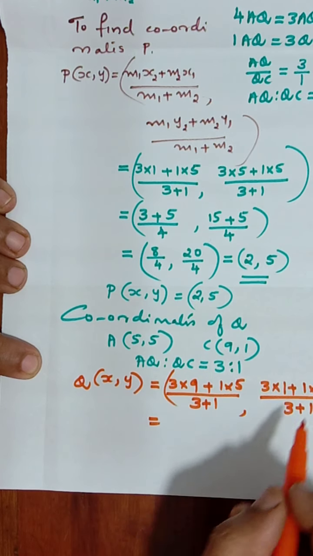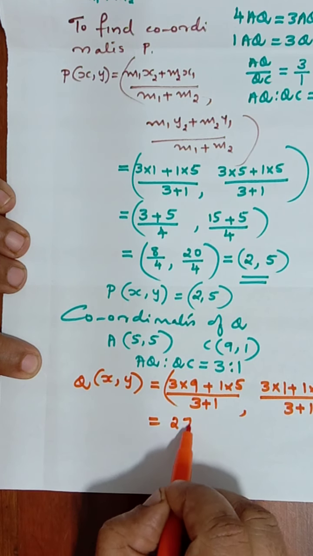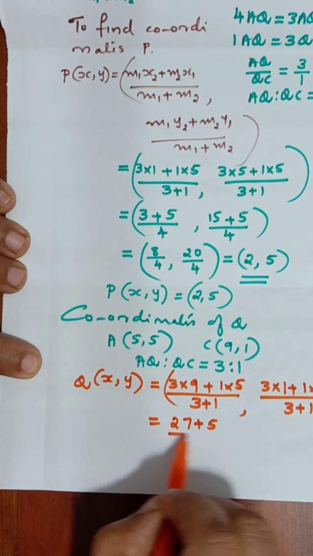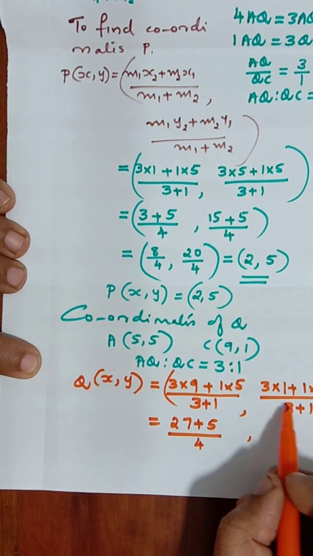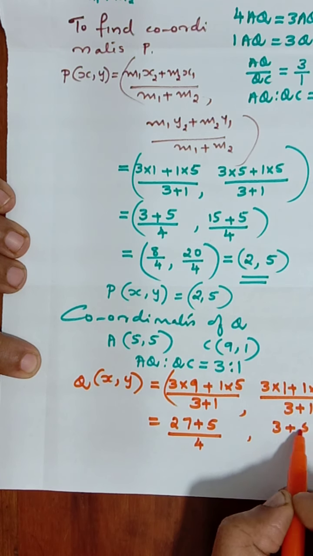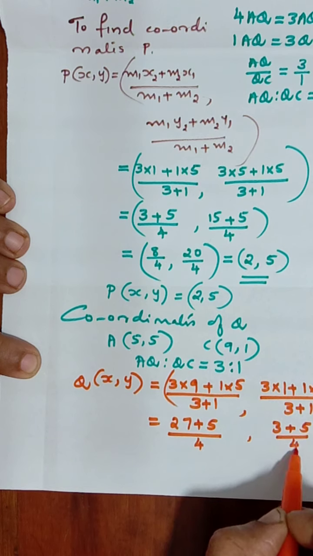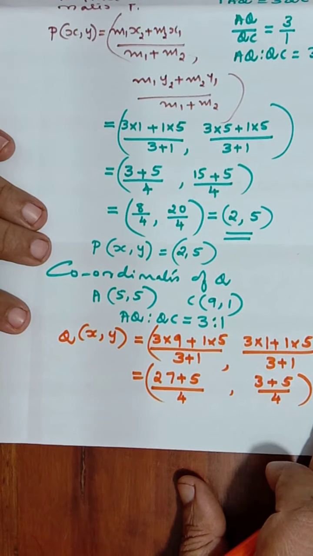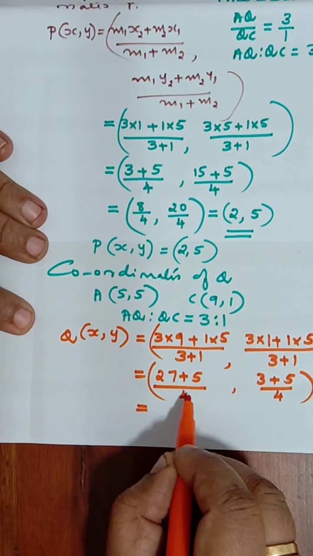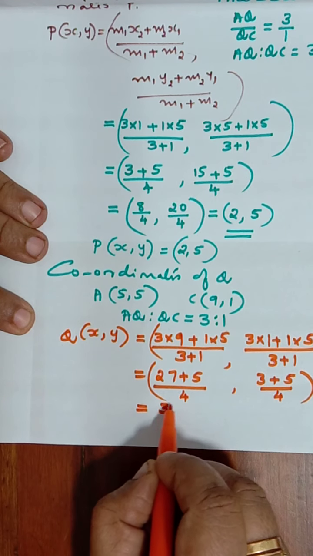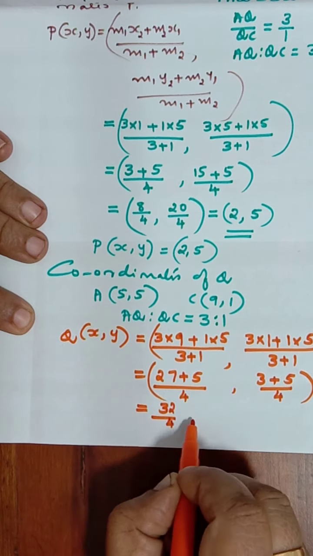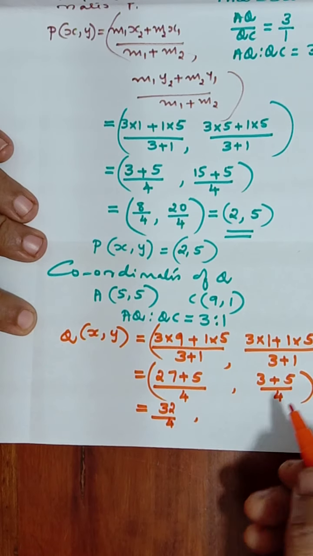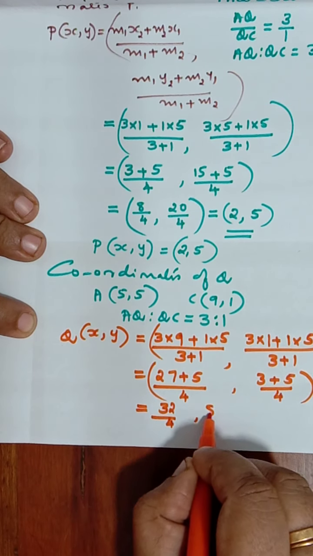So 3 9s are 27 plus 5 divided by 4, 3 plus 1 into 5, 5 by 4. So what do we get now? That is 27 plus 5 is 32 by 4, comma, it is 8 by 4.